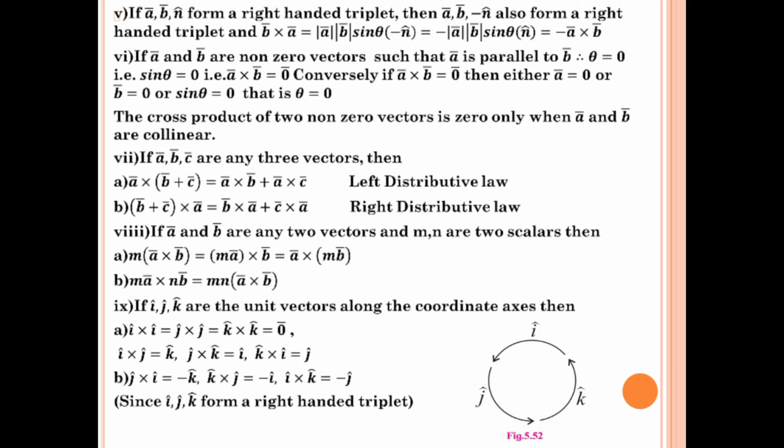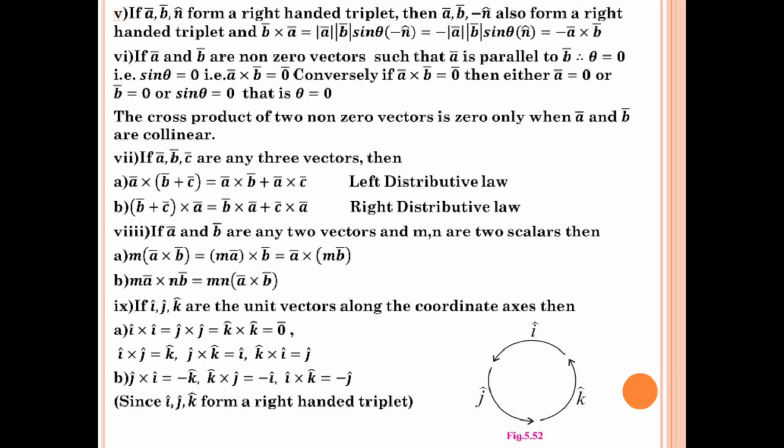Then b cross a is equal to magnitude of a into magnitude of b sine theta minus n cap, which is equal to minus of magnitude of a into magnitude of b sine theta n cap, which is equal to minus of a cross b.